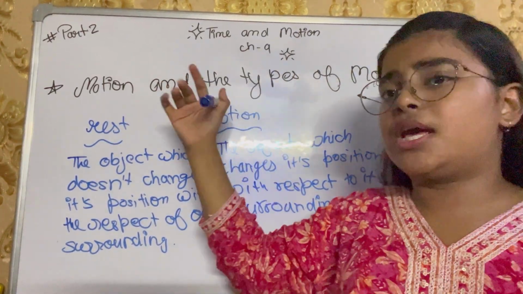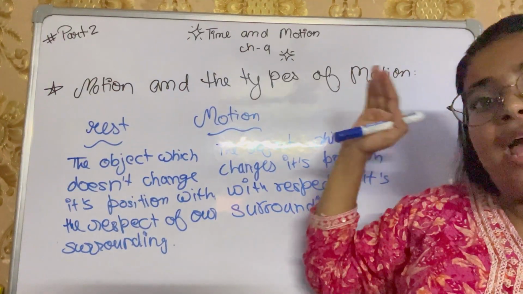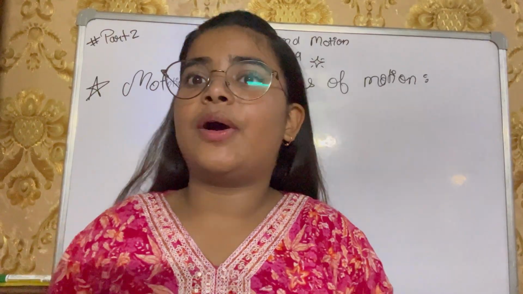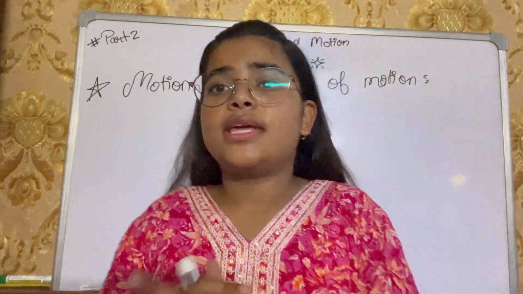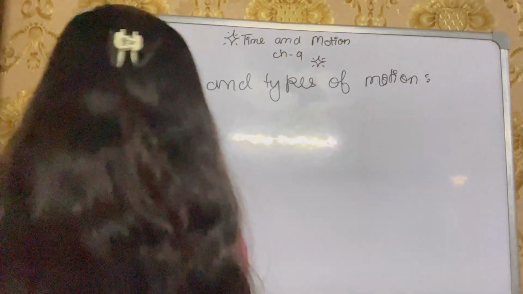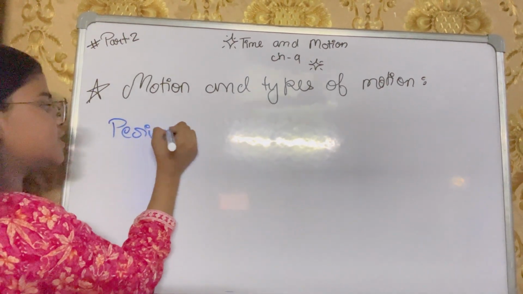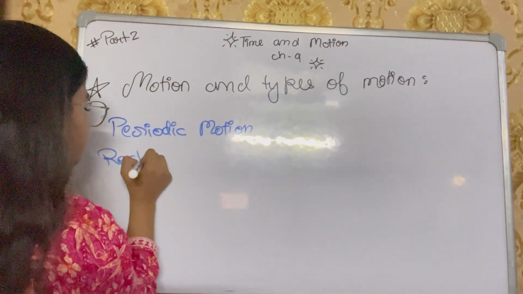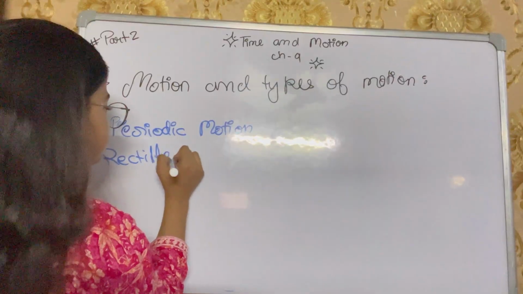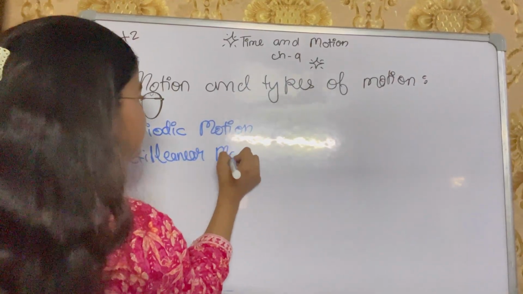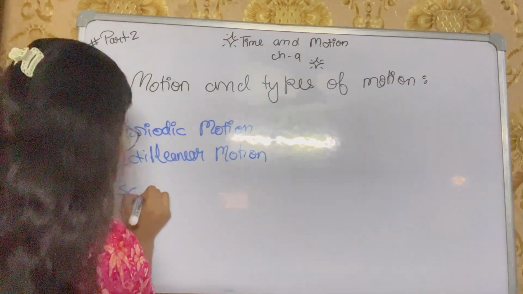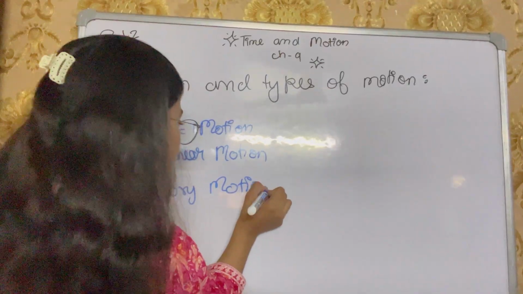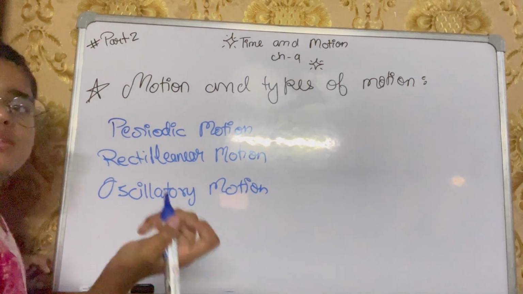Now we have covered what motion is, but let's cover what the types of motion are. See, there are many types of motion. For example, we have periodic motion, rectilinear motion, oscillatory motion, and circular motion.